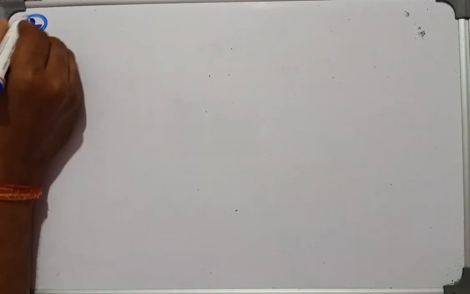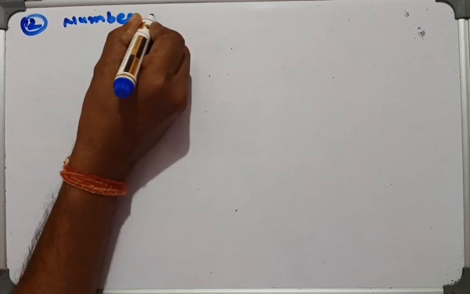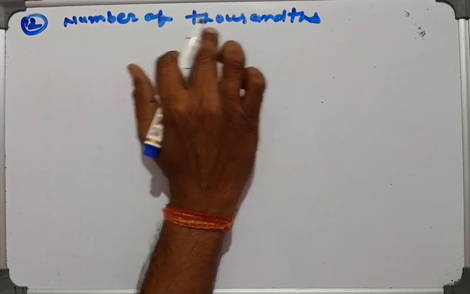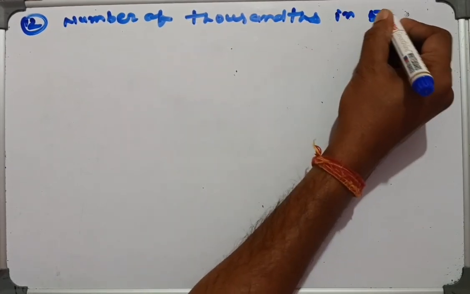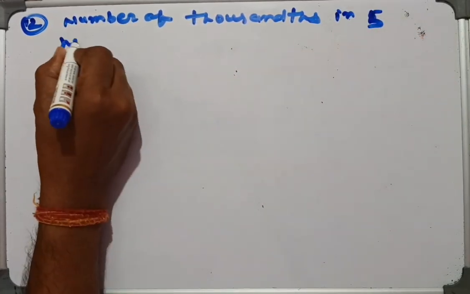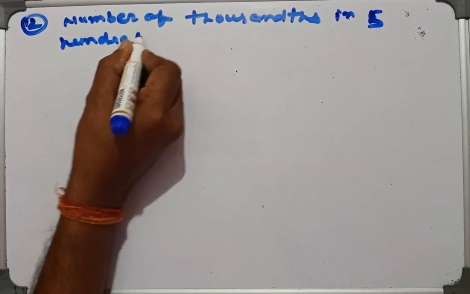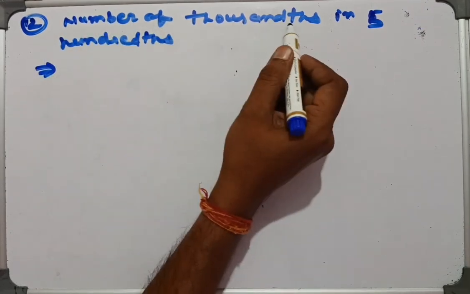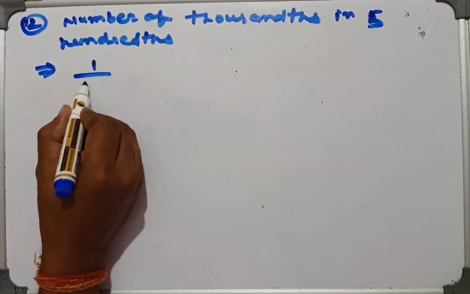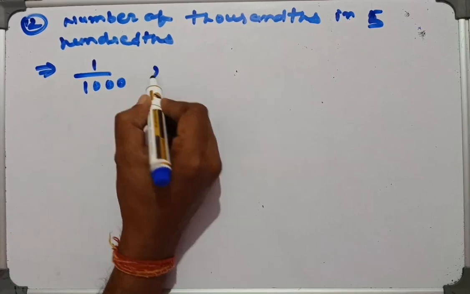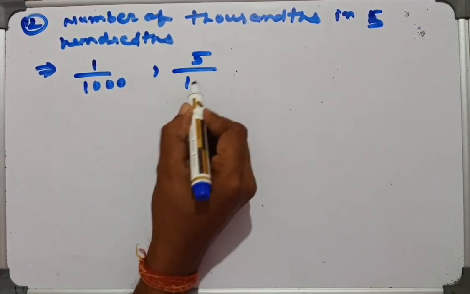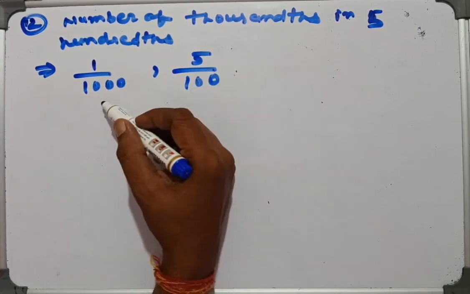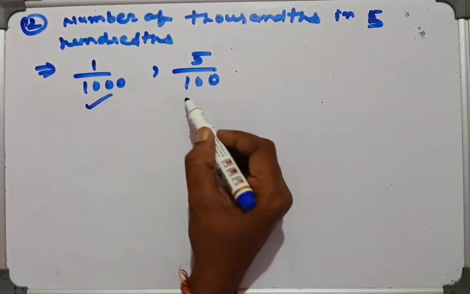Okay. Now take another example. Question number 12. Number of thousands in 5 by 100. So first is number of thousands, it means 1 by 1000. Second one is 5 by 100. So the question is asking you how many of this number are in this one.